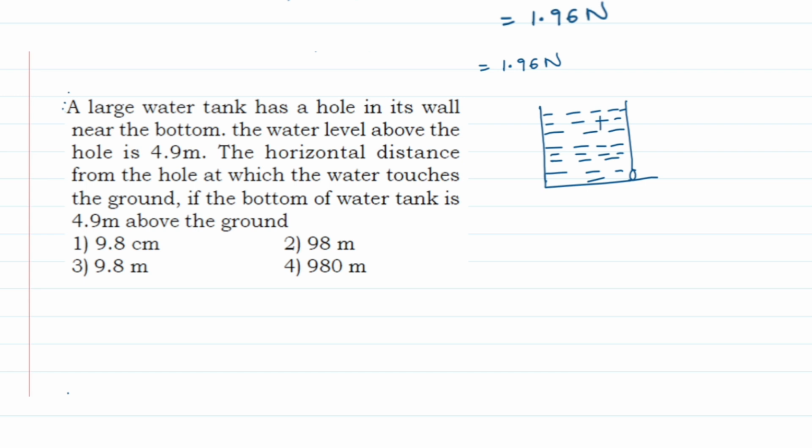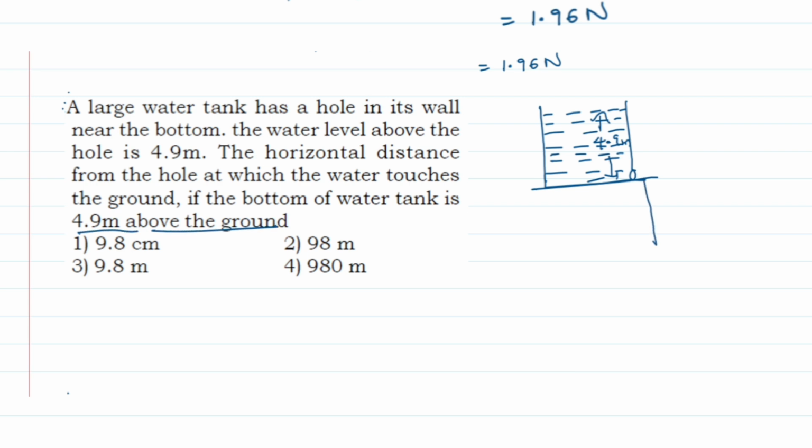So here the hole is at 4.9 meter depth, and now the horizontal distance from the hole at which the water touches the ground is asked, if the bottom of the water tank is 4.9 meter above the ground.